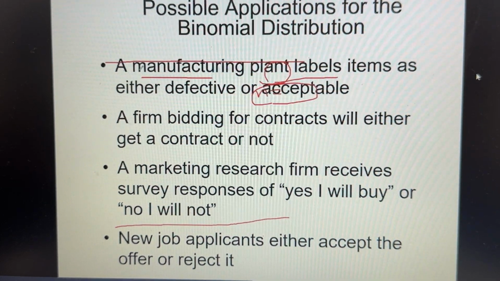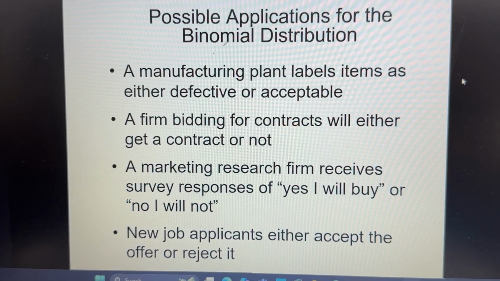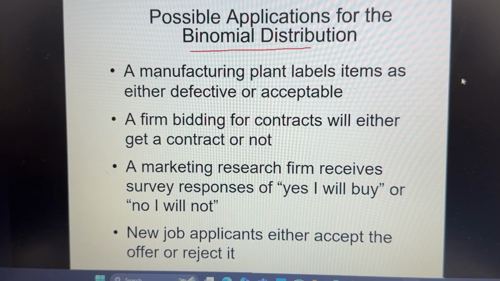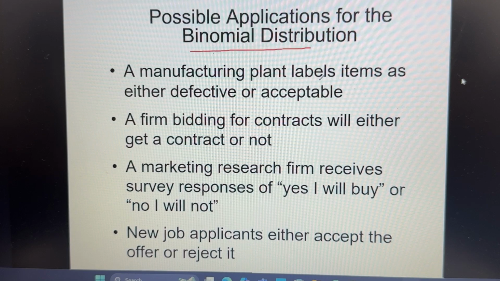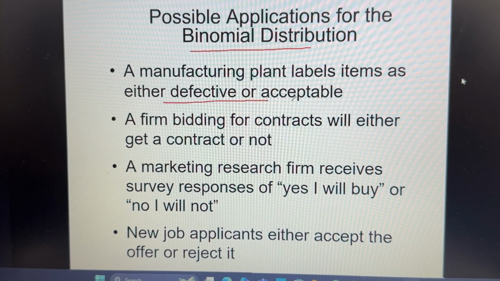Now the possible applications for the binomial distribution. A manufacturing plant labels items as either defective or acceptable. These are some examples where you can apply the binomial distribution to find the probability. Or a firm bidding for contracts will either get a contract or not.